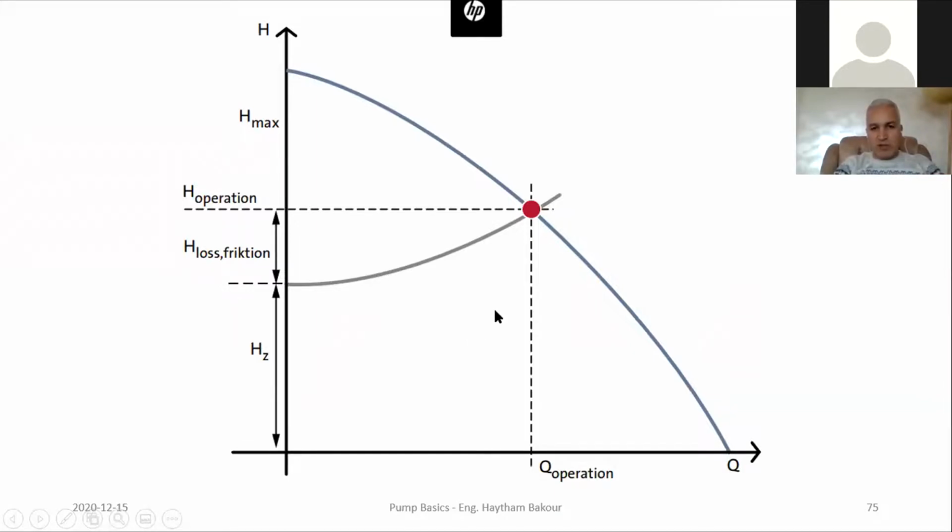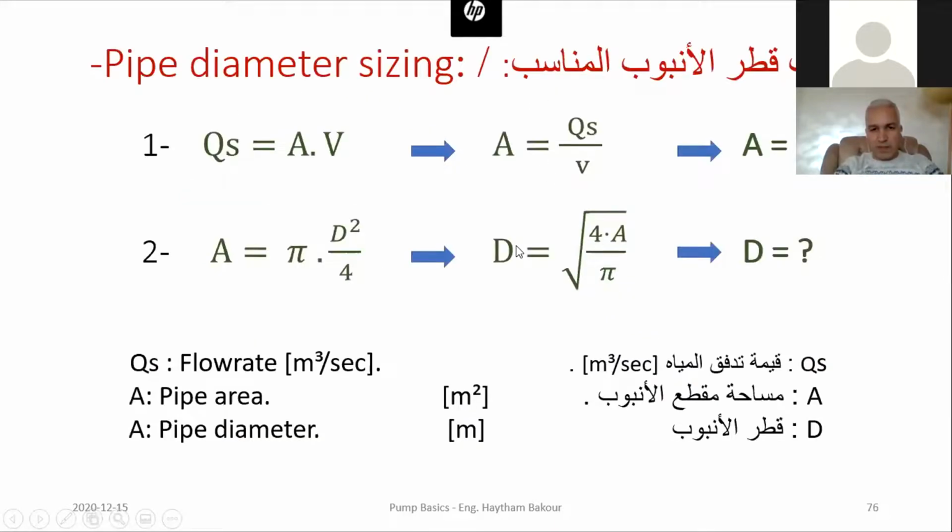Based on the references and resources which we have mentioned here, we need to know how to choose the perfect pump for us. The first stage is to calculate the total dynamic head, which is the total head.